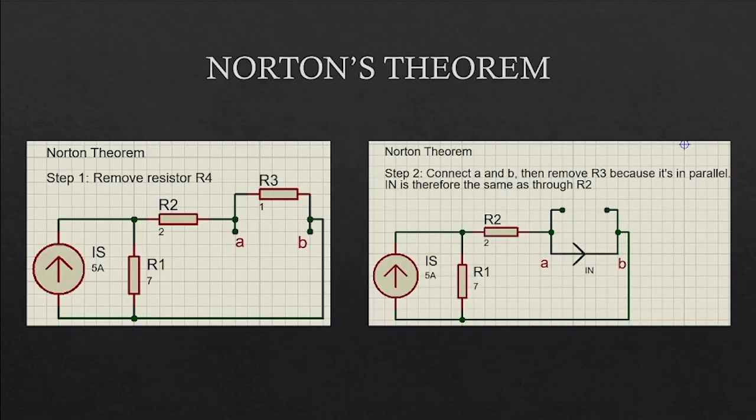Let's get straight to the steps of Norton's theorem. Step 1 is we remove resistor R4.